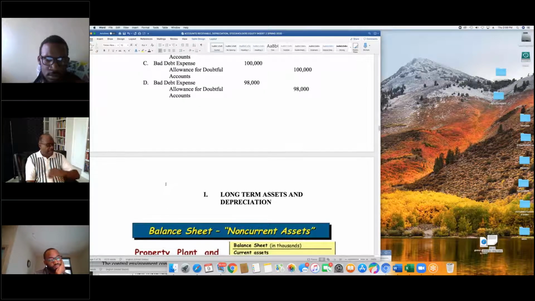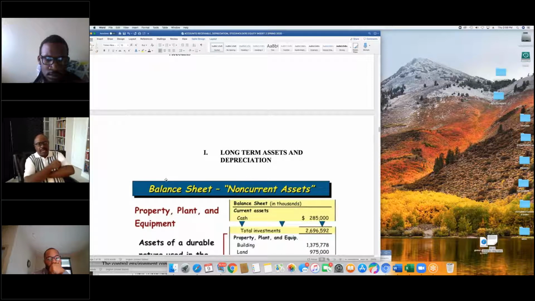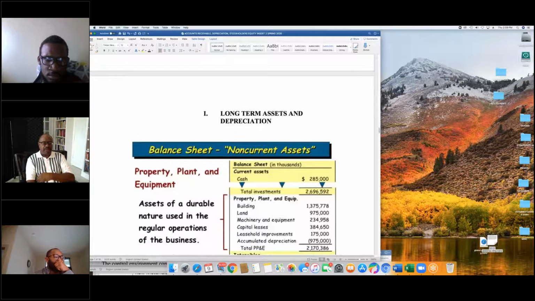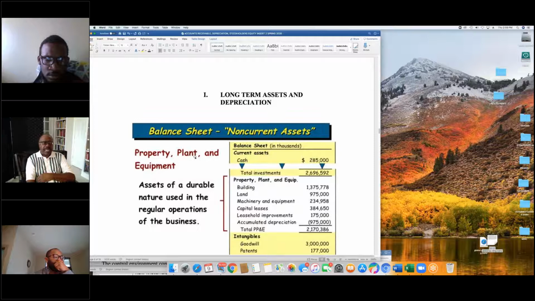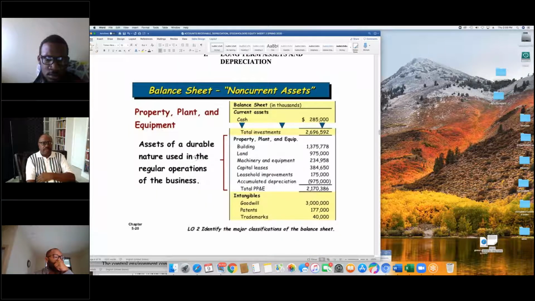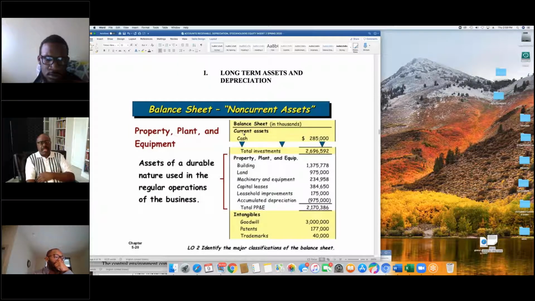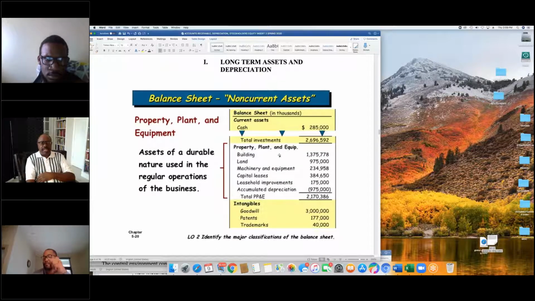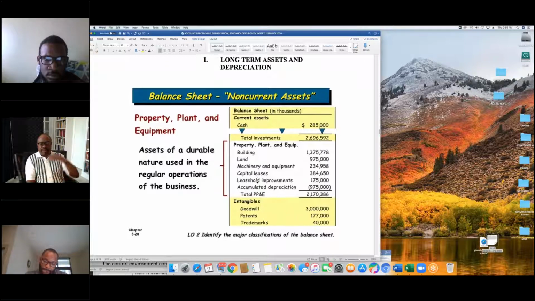They aren't overly hard. The next thing we talked about was long-term assets and depreciation. We said that current assets typically last a year and they're gone. But non-current assets, building, land, machinery, leases, leasehold improvements, intangibles, goodwill, trademarks, these items last more than a year.